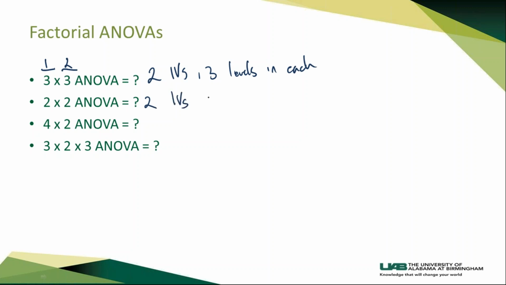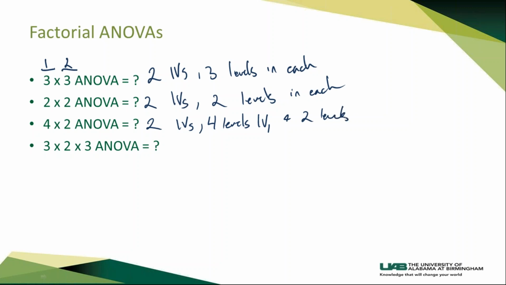We've got 2 independent variables, 2 levels in both. Now for 4 by 2, we still have 2 independent variables, 4 levels in one of them, and then 2 levels in the other independent variable.